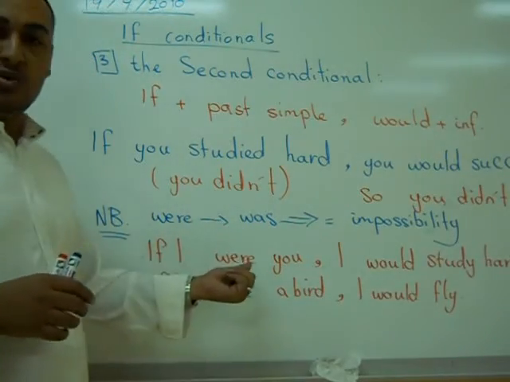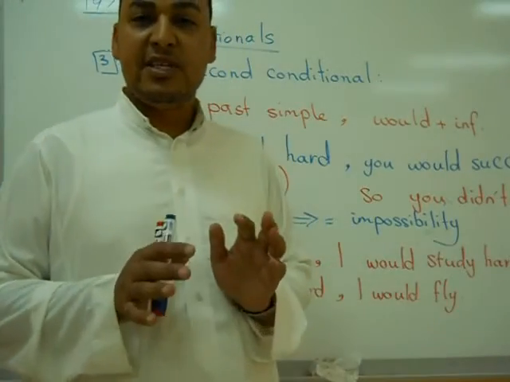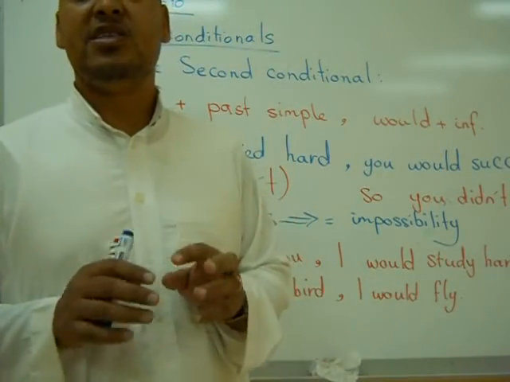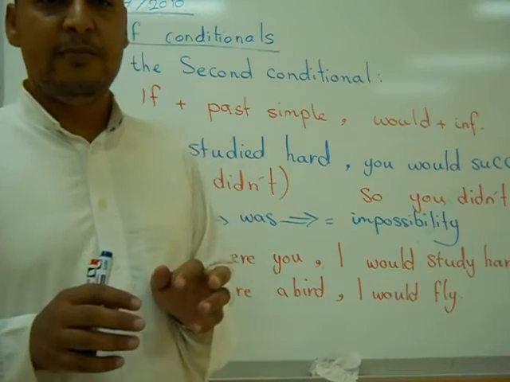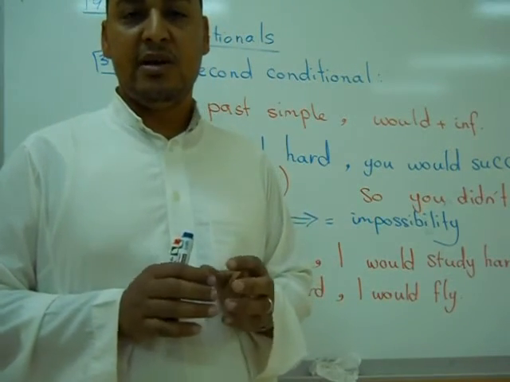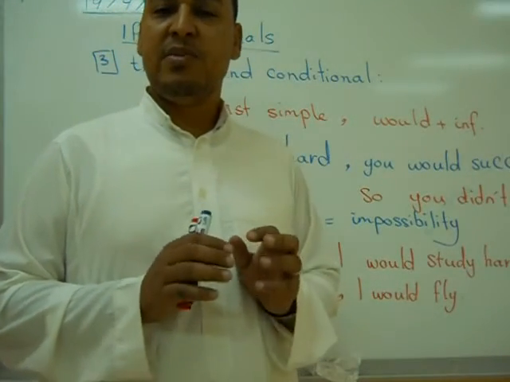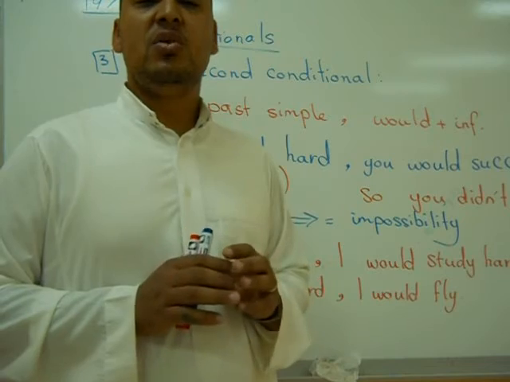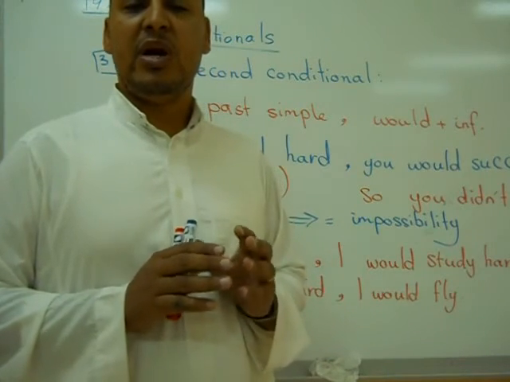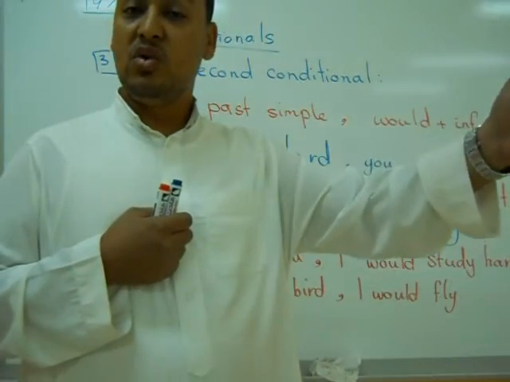If I were you, I would study hard. It gives some kind of advice to the listener, okay? For example, if he was ill, I want to advise him, but strongly, okay? So I say to him, if I were you, I would see a doctor.